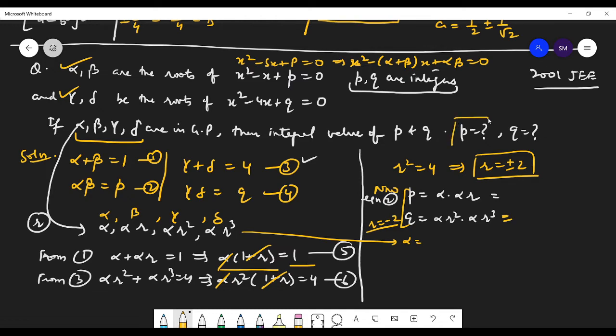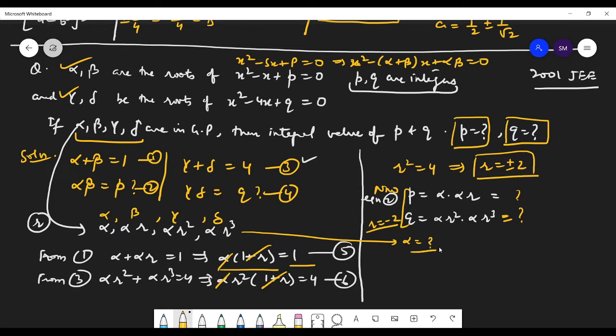So you have to find the values of p and q, this p and this q. You already got the value of r, so we have to find the value of alpha first.